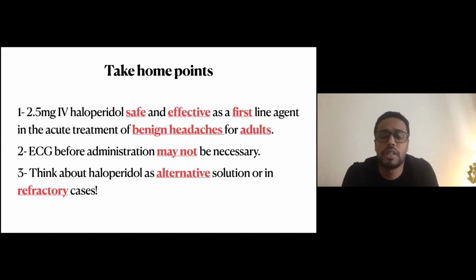Our take-home points from this article: it's a safe and effective first-line agent to treat benign headache in adults, and an ECG might not be necessary before administering the medication, as no significant number of patients that received Haloperidol had any QT changes. And we should think about it as an alternative solution or in refractory cases.